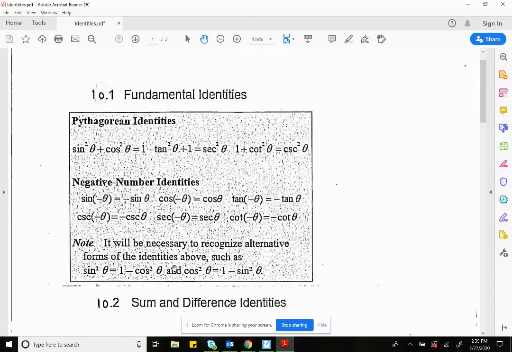And then down here, it's also important to know that all of these Pythagorean identities, you can rearrange them and solve for different pieces, like sine squared is equal to 1 minus cosine squared, or cosine squared is equal to 1 minus sine squared. So even these can be rearranged to get other Pythagorean identities. So that's super important for us.